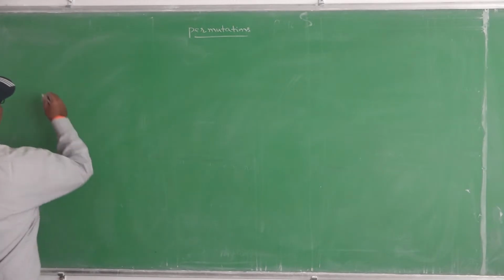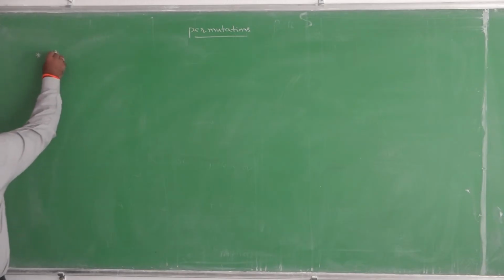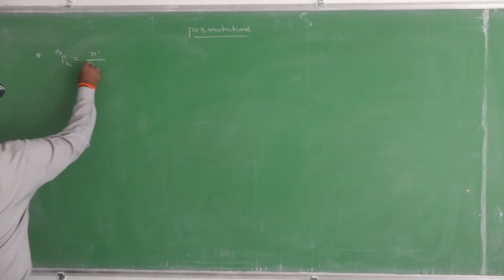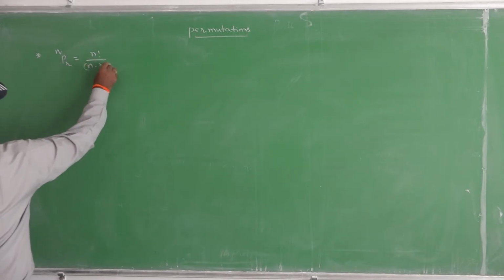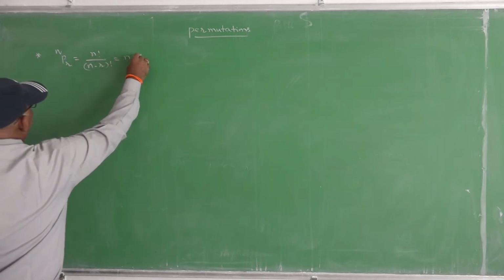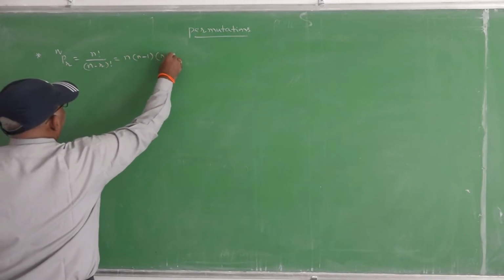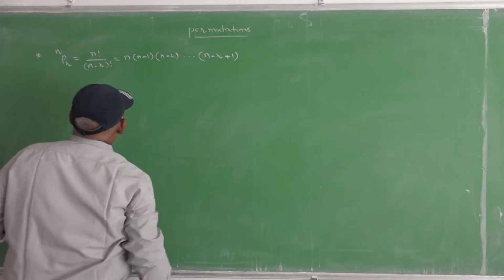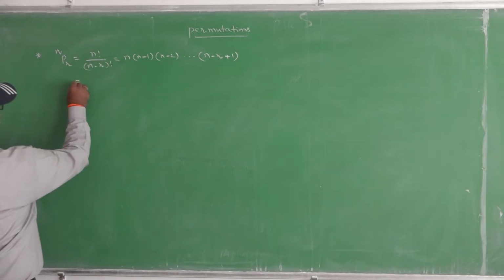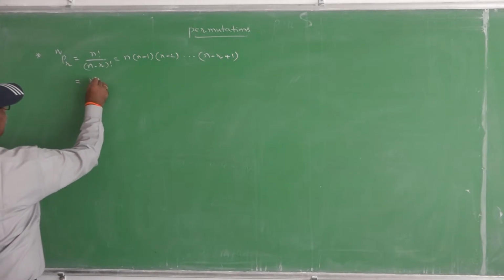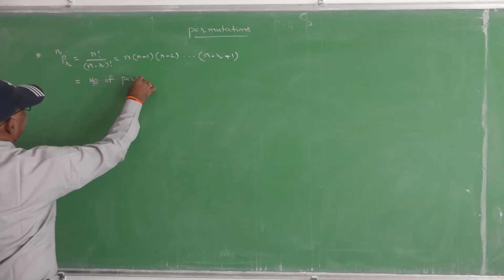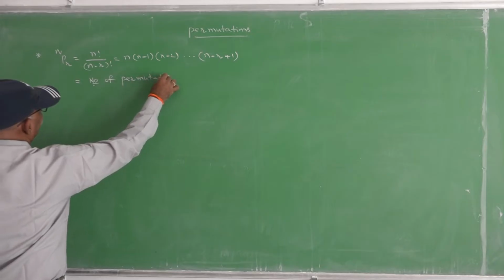So that is the first one. nPr is n factorial by n minus r factorial, which is nothing but n into n minus 1 into n minus 2 and so on, n minus r plus 1, which is the number of non-repetition permutations.